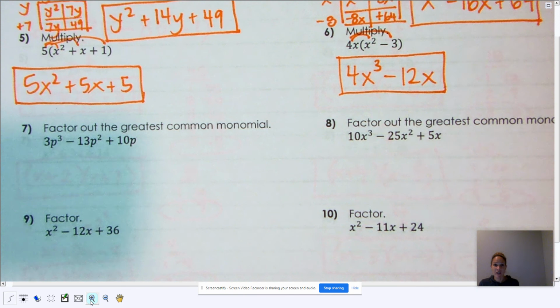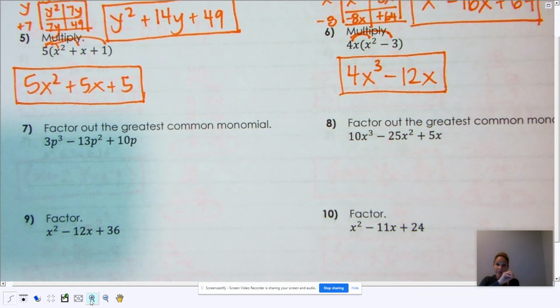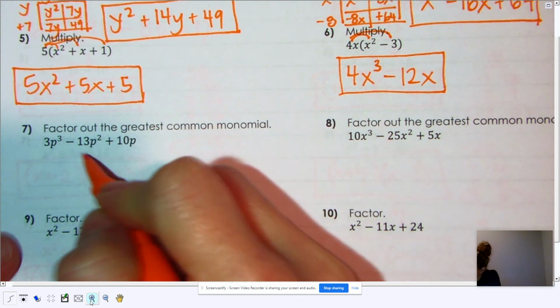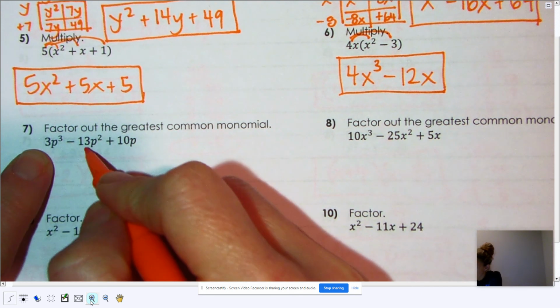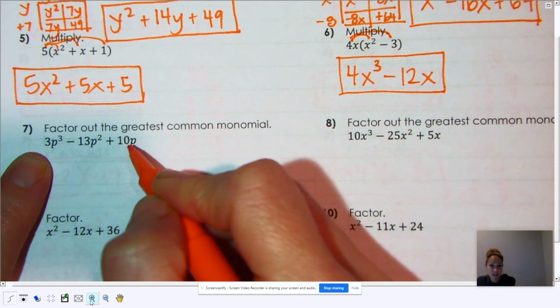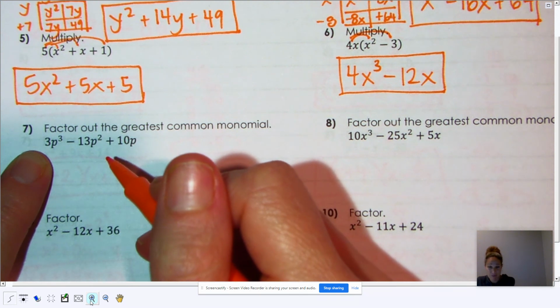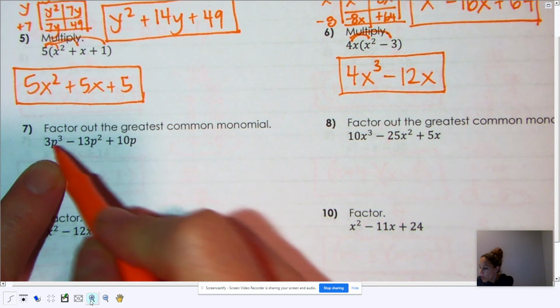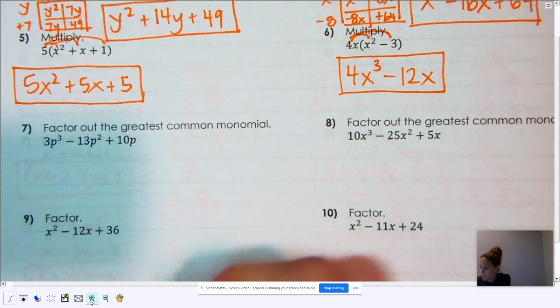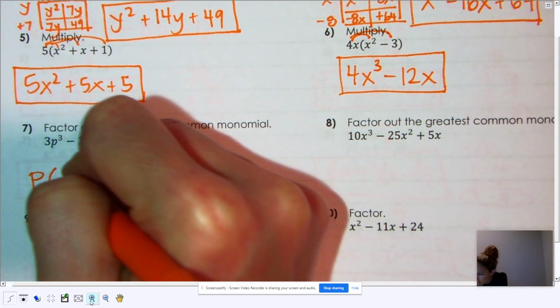Number 7, factor out the greatest common monomial, or in your homework, you might have seen it say GCF, the greatest common factor. We are just pulling out one thing that's in common in all of them, okay? So we're going to look for these 3 things, 3, 13, and 10. Can 3 go into either of those numbers? No, so they don't have that in common. All they have in common is the letter P. So I'm going to pull that out in front and I'm going to write what's left.